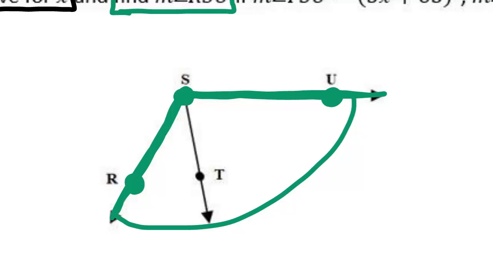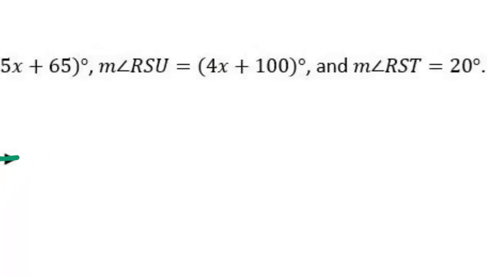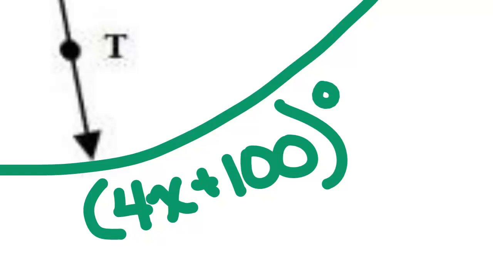Are we told how big that angle is anywhere? Where? Like, how much is it? How big is it? 4x plus 100. We are told that right here in our given information. 4x plus 100 degrees.